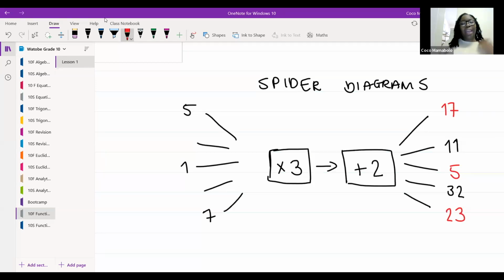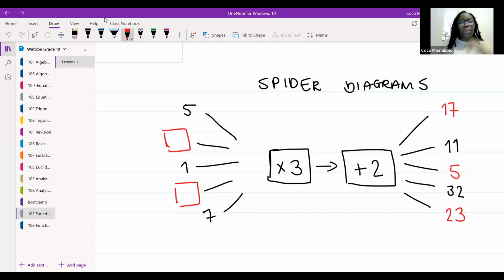But for these two numbers over here, I would have to work my way backwards, because they're saying what times 3 plus 2 is equal to 11, and what times 3 plus 2 is equal to 32. If we do a little backwards thinking, we go 32 minus 2.